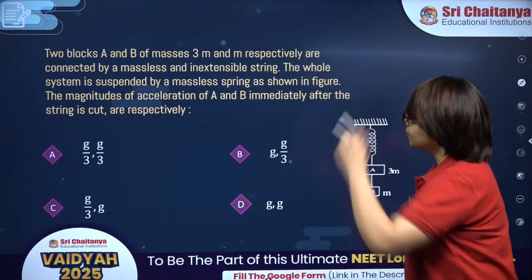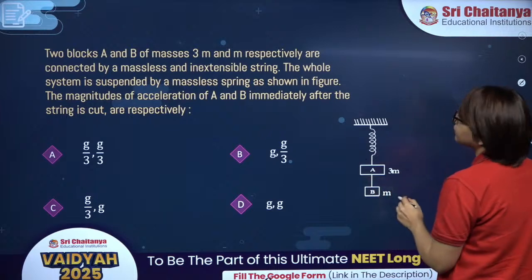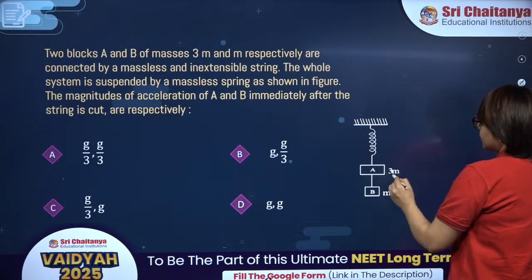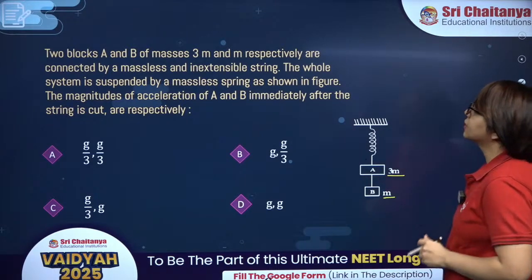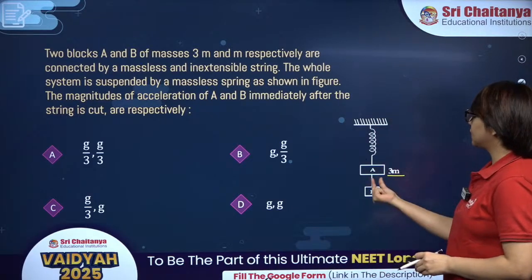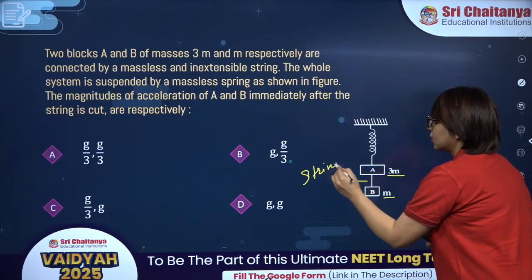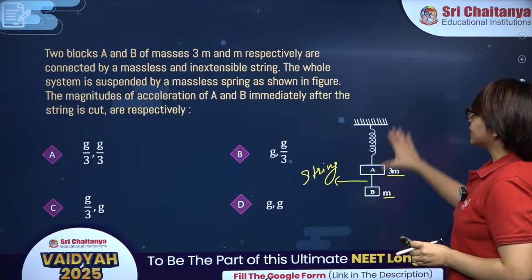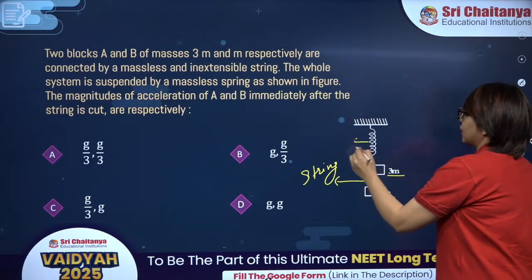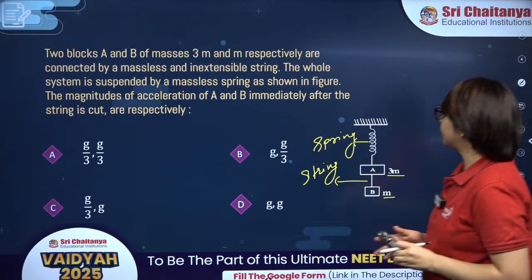Two blocks A and B of masses m and 3m respectively. A is having mass 3m, B is mass m, connected by a massless and inextensible string over here. This is the string. The whole system is suspended by a massless spring as shown in the figure.